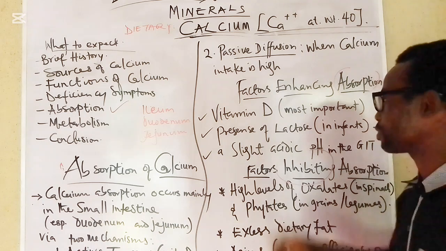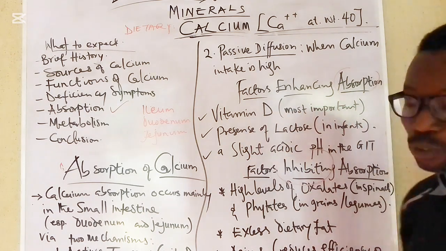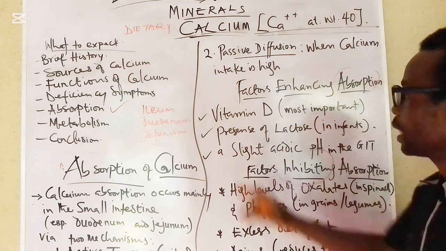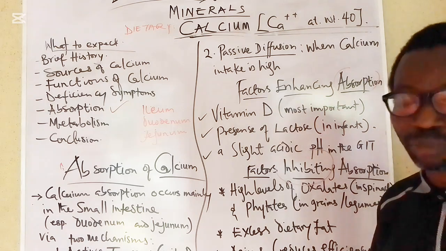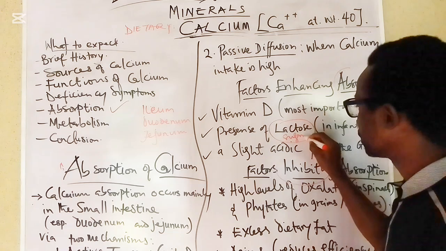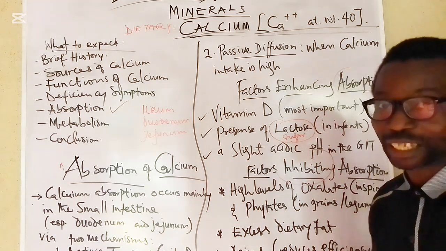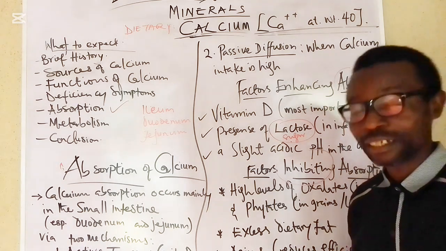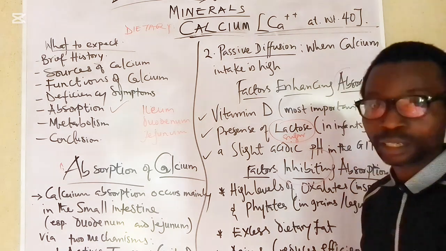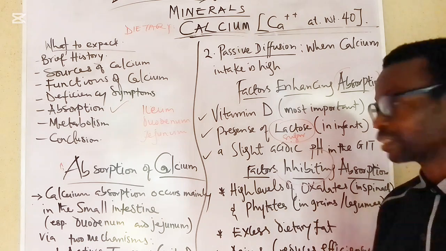Let's look at some of the factors that enhance it. We talked about this already in passing: vitamin D, which is the most important factor that helps absorption of calcium. And then the presence of lactose, usually for infants. Lactose is the milk sugar, the sugar in the milk of lactating mothers in humans, and of every other female mammal.